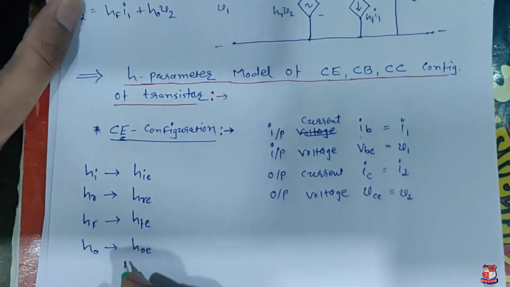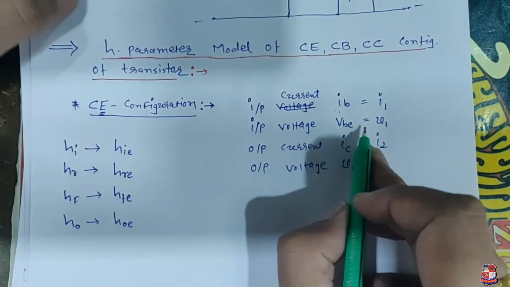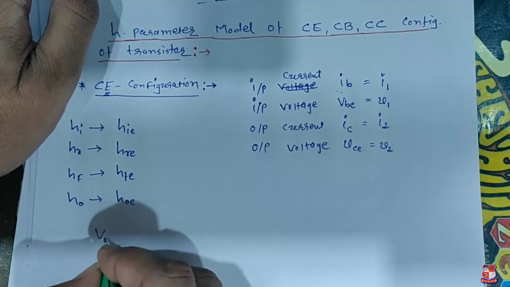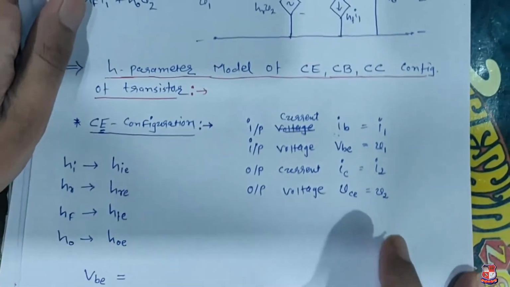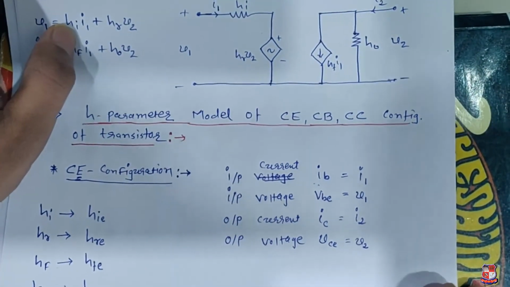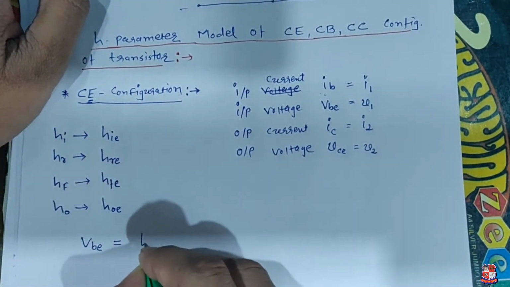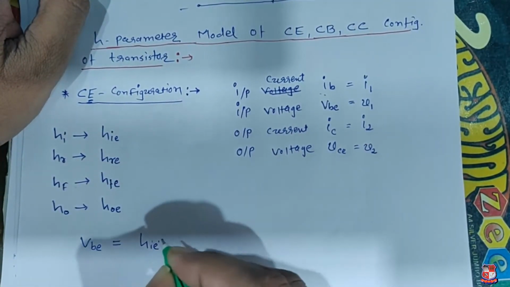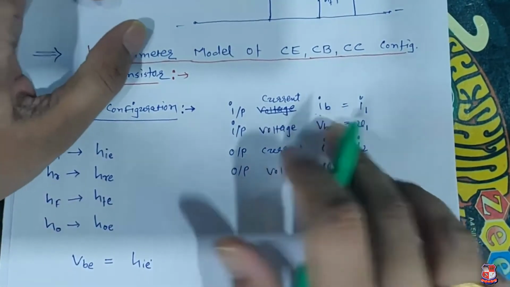V1 we have represented as VBE. So VBE equals HI into I1, where HI becomes HIE, into I1, and I1 is nothing but IB.